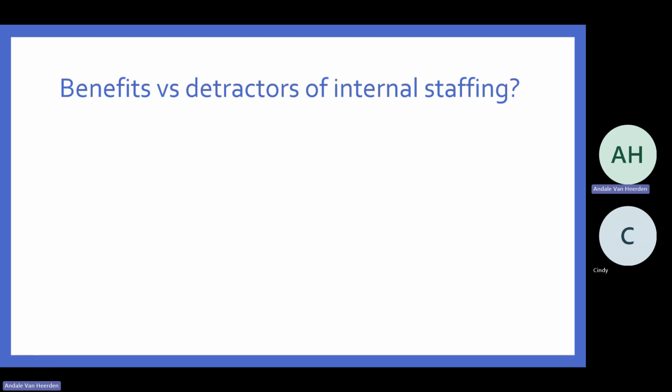So we've listed some of the benefits of internal staffing. What are some of the problems, the detractors of internal staffing? We've spoken about some of the advantages of getting people from inside the organization. What is potentially a negative thing about taking people from inside the organization?